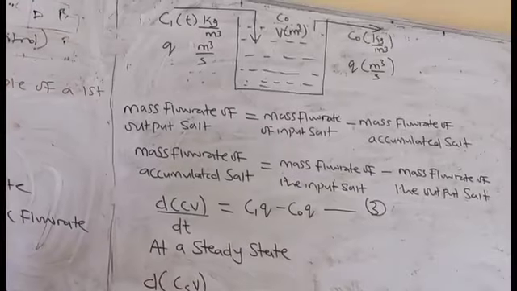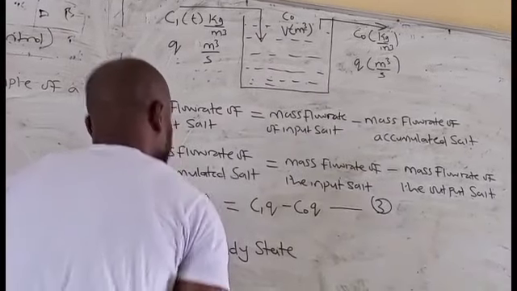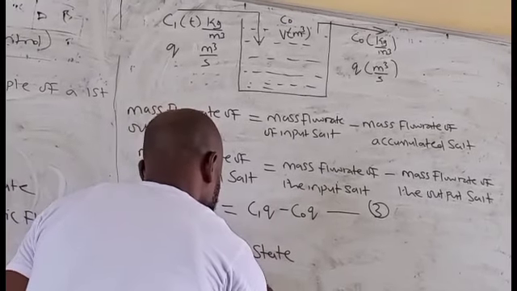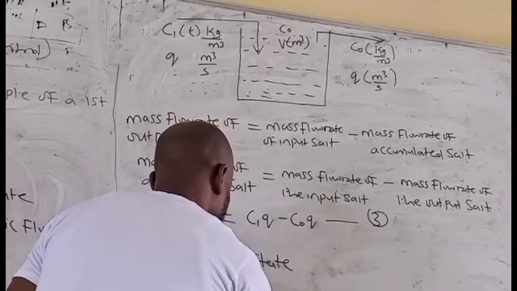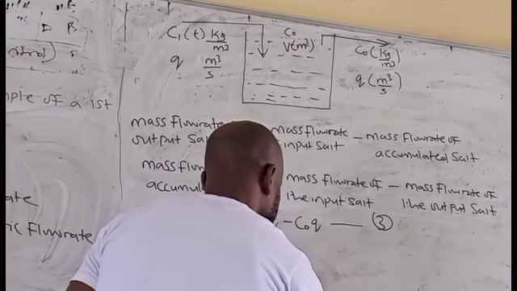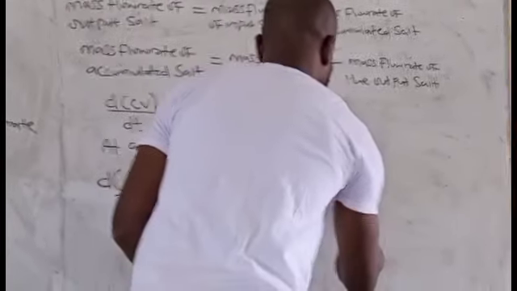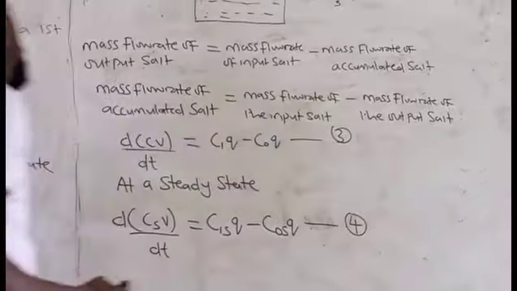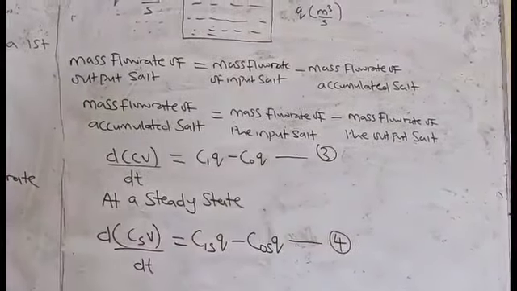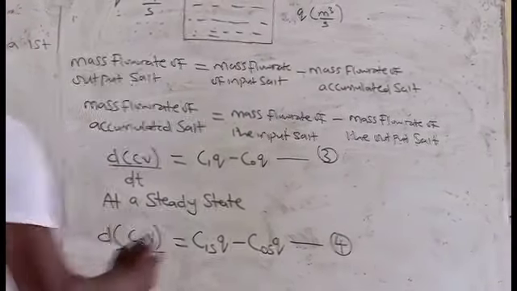You have V d c_s over dt, that is equal to c1x Q minus c0x Q. So this one now, we'll take as equation 4. So at steady state, this is what I'm going to get. This x represents steady state. Yes, sir. So now we will say this one is equation 4.